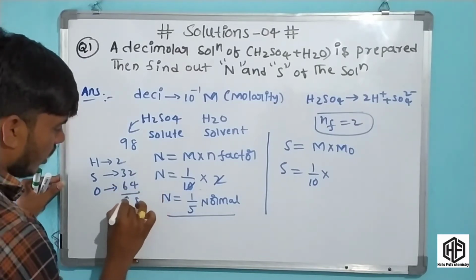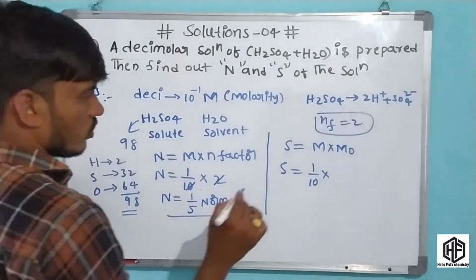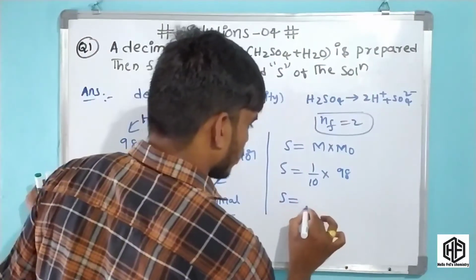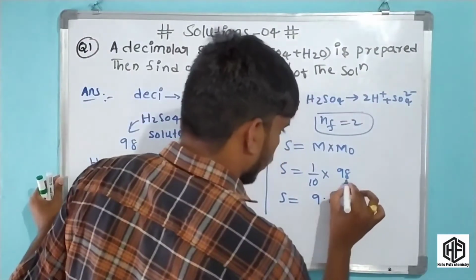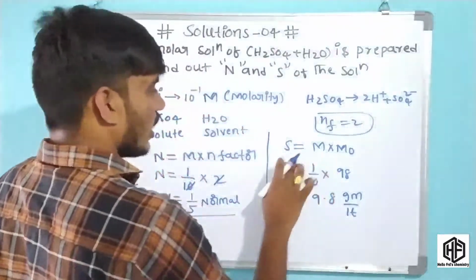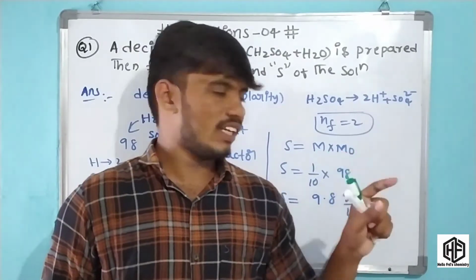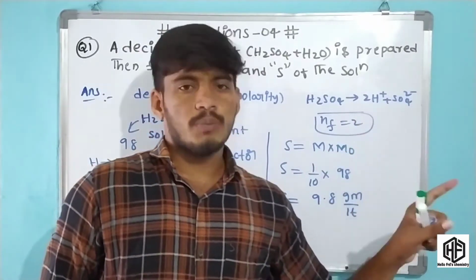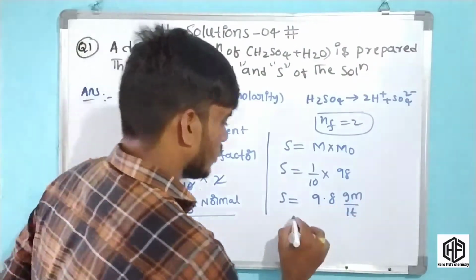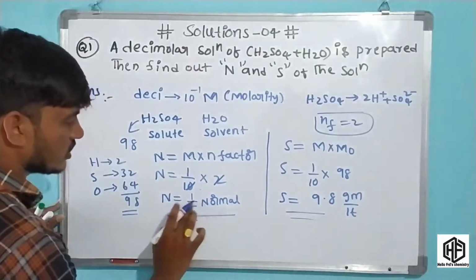Finally 98 is the molecular mass of H2SO4. So strength is equal to 9.8. The unit is grams per liter. Molarity units are moles per liter and molecular mass units are grams per mole, so moles cancel. Now 9.8 grams per liter is the strength of the solution, and the normality is 0.2 normal.